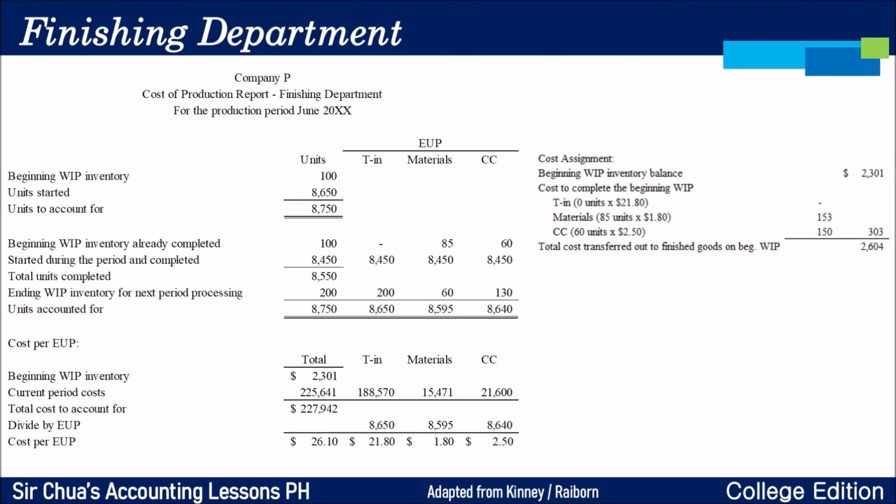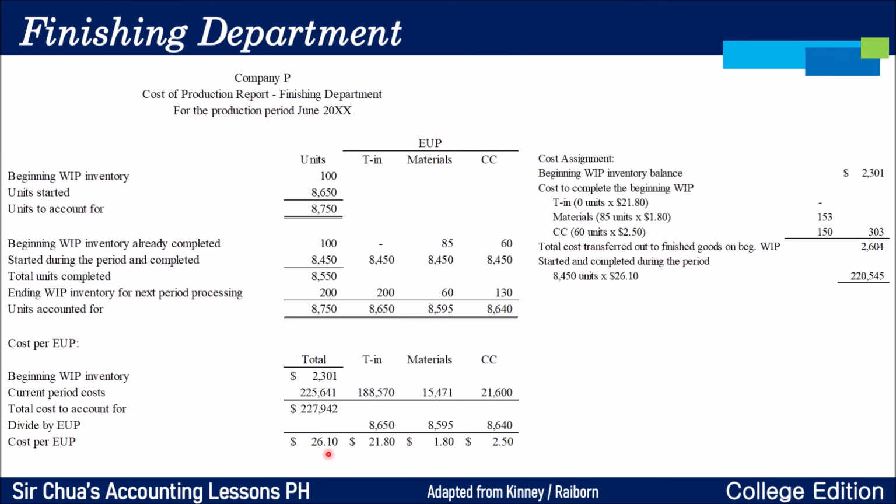Pero wag niyong kalilimutan, meron tayong started and completed during the period. Ano po yung started and completed? Inumpisahan ngayon at ngayon din natapos sa period na to, which is ito po yon, yung 8,450. So you simply multiply 8,450 equivalent units to the total cost per EUP, which is 26.10, which is 220,545.